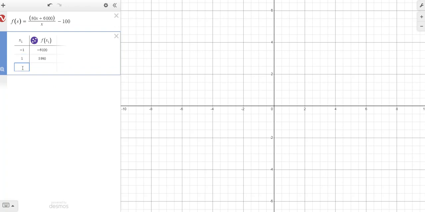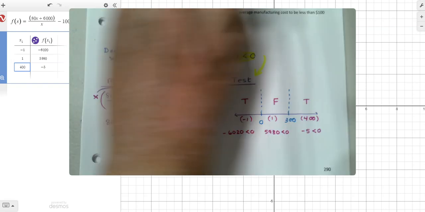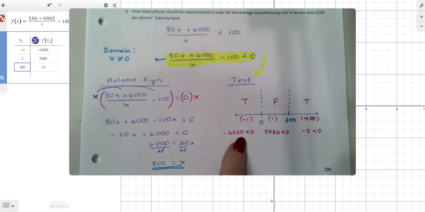And then my last test value, I decided to go with 400. That gives me -5, and that is less than 0. So that section is true. So there we go. First section, -6020 is less than 0, true. Next section was false, and the last section was true.